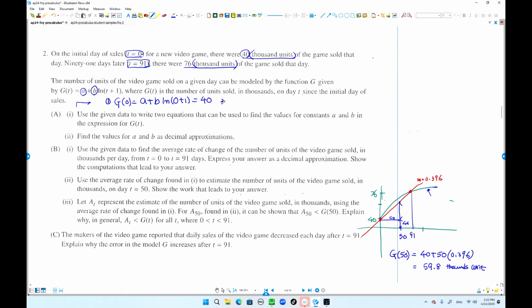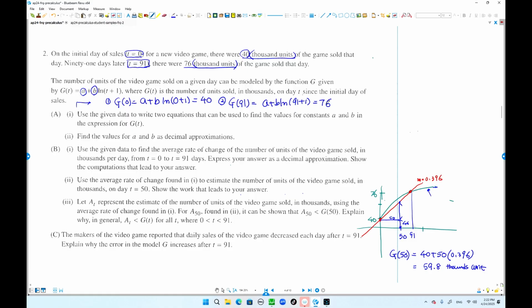Second equation: when t is 91, g(91) equals a plus b ln(91 plus 1), that is 92, equals 76,000 units. That's the equation.